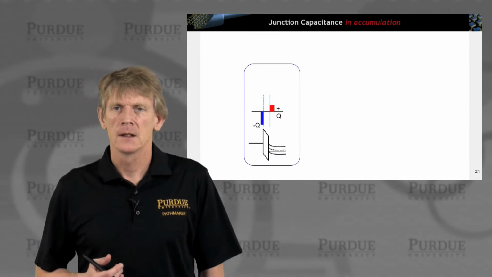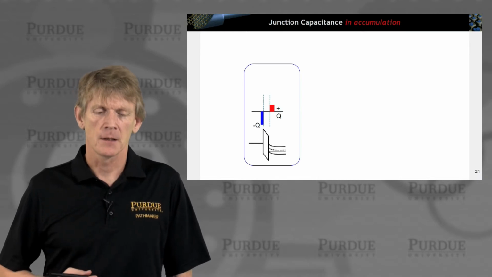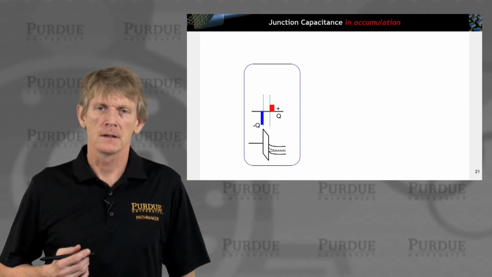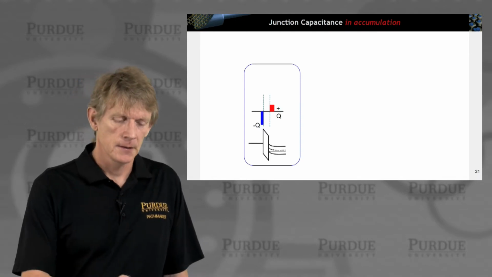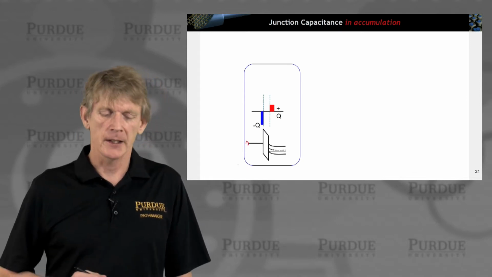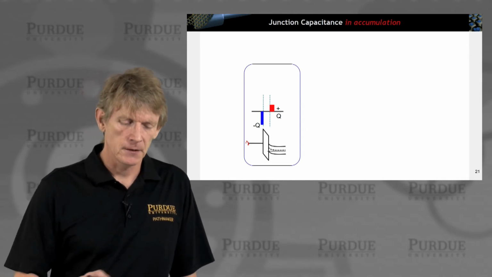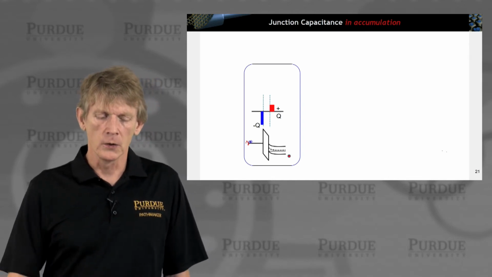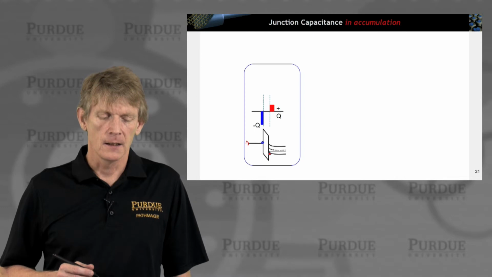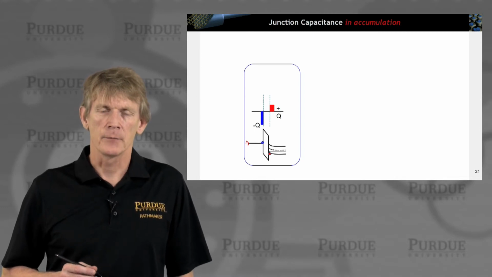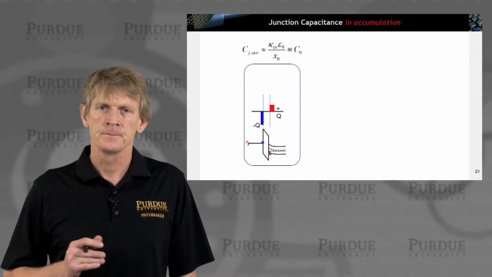To go back to the physical picture, in accumulation you have the junction capacitance, where the voltage that you applied is negative. So you pulled up the Fermi level from the flat band condition. You bend up the bands in the semiconductor, and you let holes come in from the contacts, and the electrons on the left are coming in from the battery by the positive bias, and you have charges that are separated by an oxide.